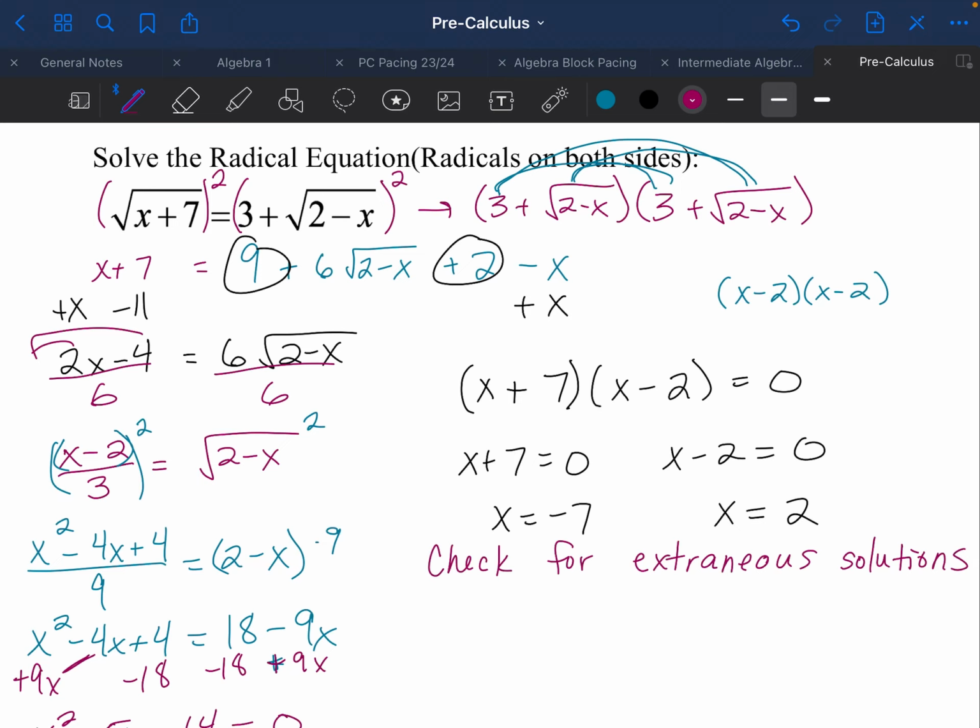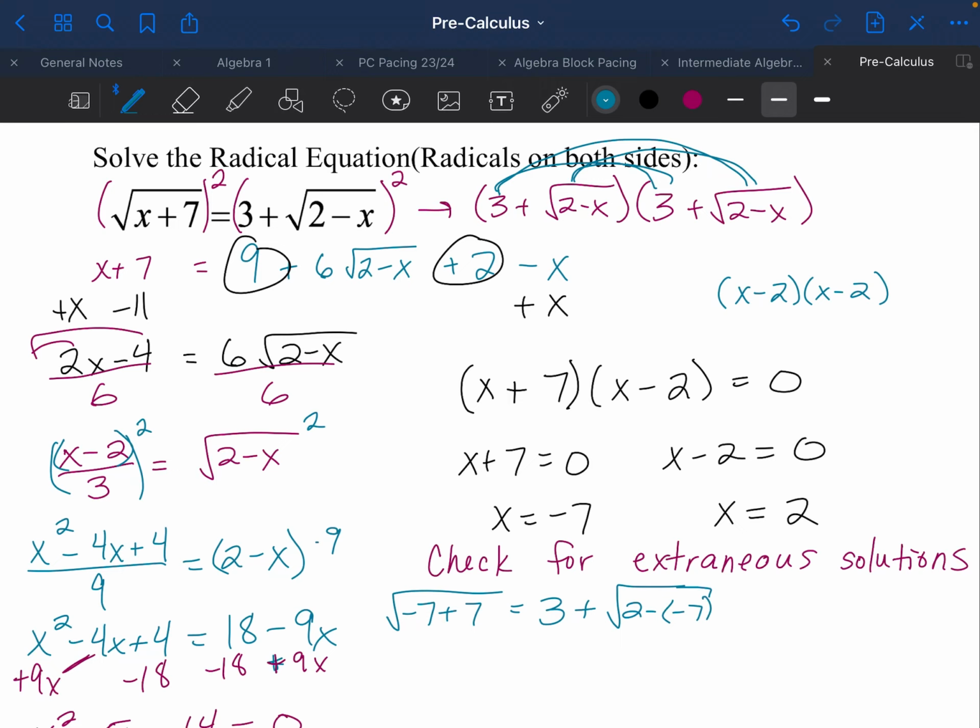So we have to take our negative 7 and plug it in and see what happens. Plugging back into the original, negative 7 plus 7 equals 3 plus the square root of 2 minus negative 7. All you need to know is if it exists or if you're taking the square root of a negative. You also want to check to make sure that both sides match up.